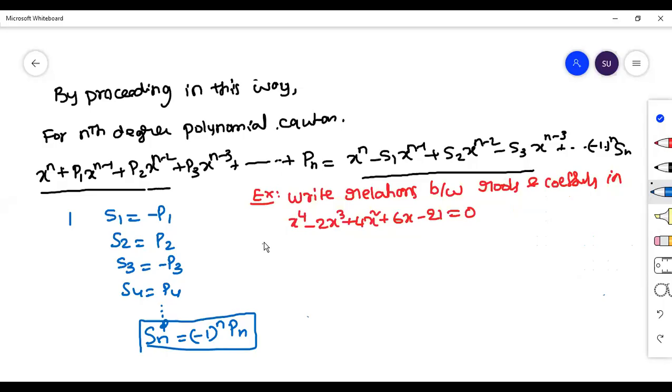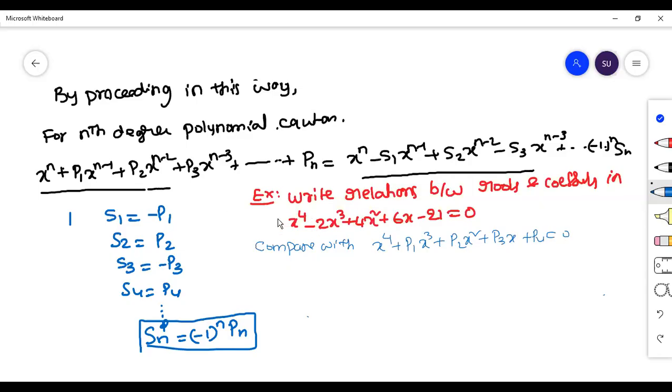Now let us compare the given equation with the general equation x power 4 plus p1 x cube plus p2 x square plus p3 x plus p4 is equal to 0. These are the coefficients.